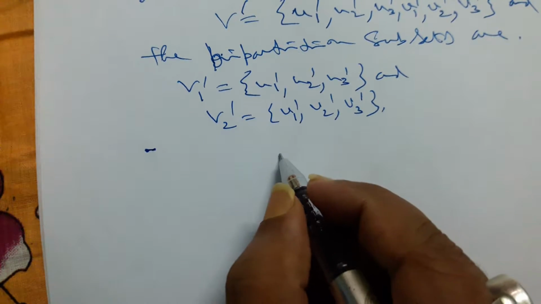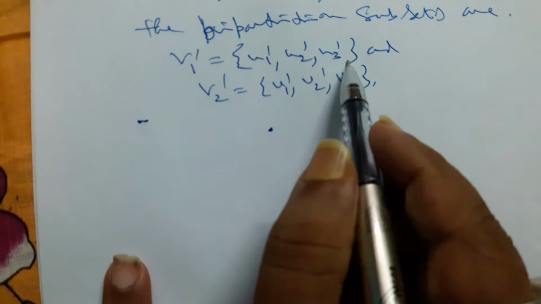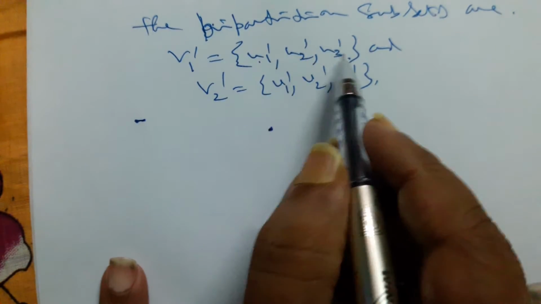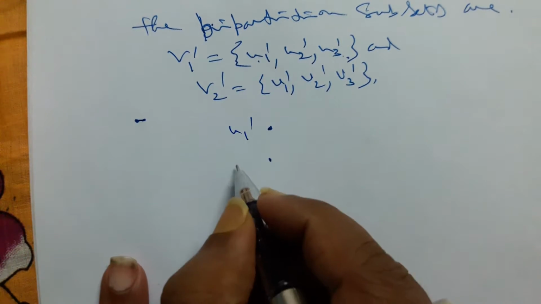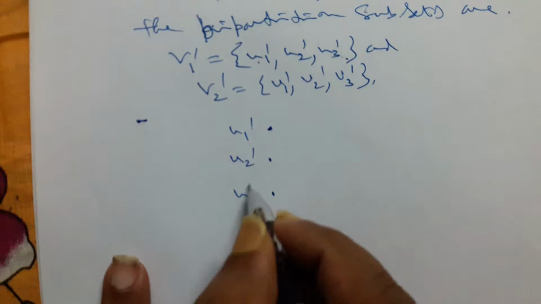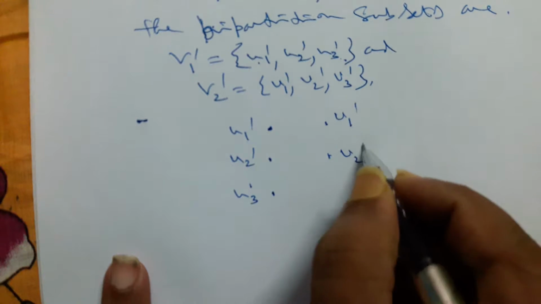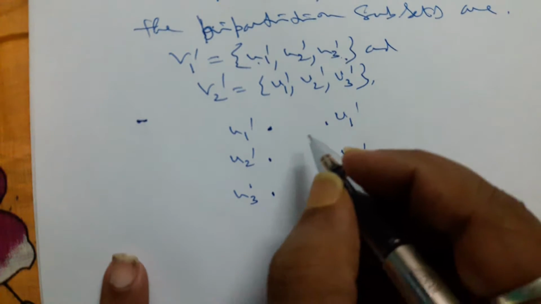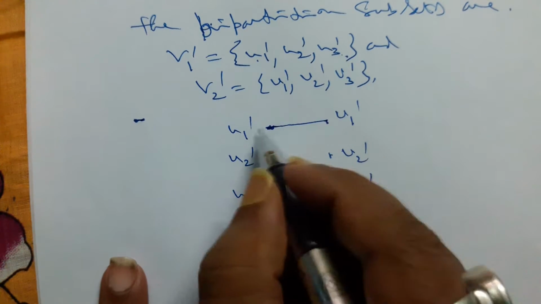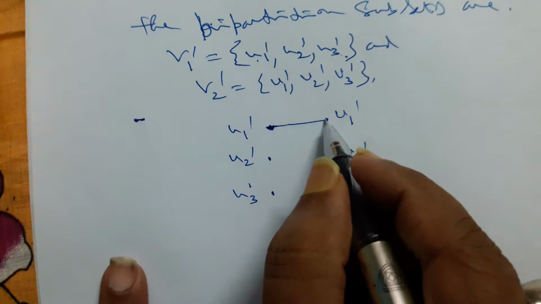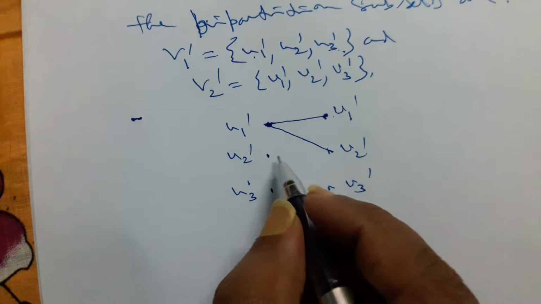we consider the figure. At first, we consider the two bipartition subsets consisting of u1 dash, u2 dash and u3 dash, and here also v1 dash, v2 dash and v3 dash. Now we join these two sets, one edge incident with v1 dash and u1 dash, also incident with v2 dash.